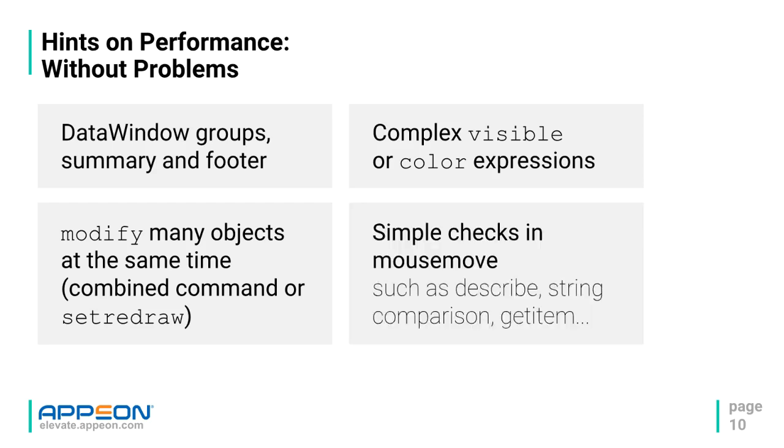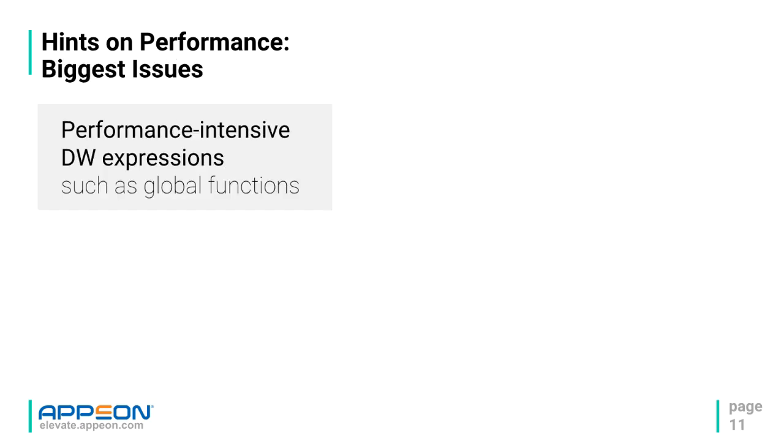You can do simple checks in mouse move, such as describe or string comparison or get item. That's not an issue. But the biggest issues: performance intensive data window expressions.